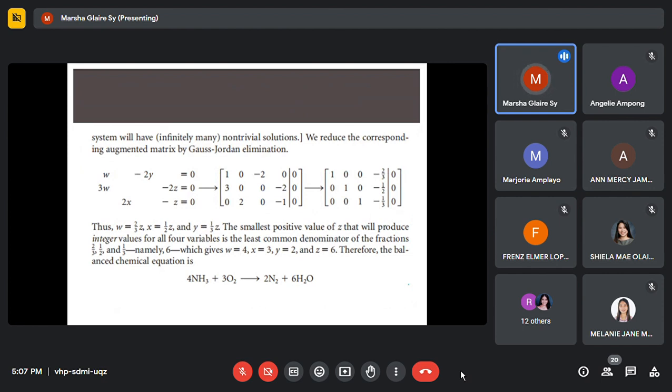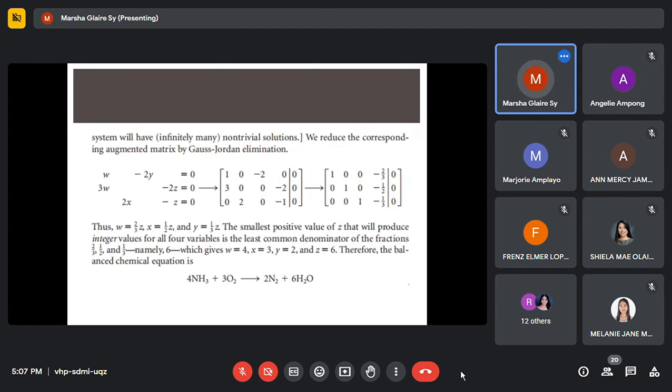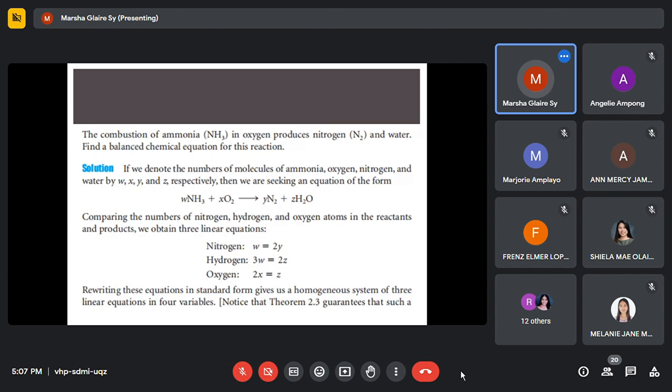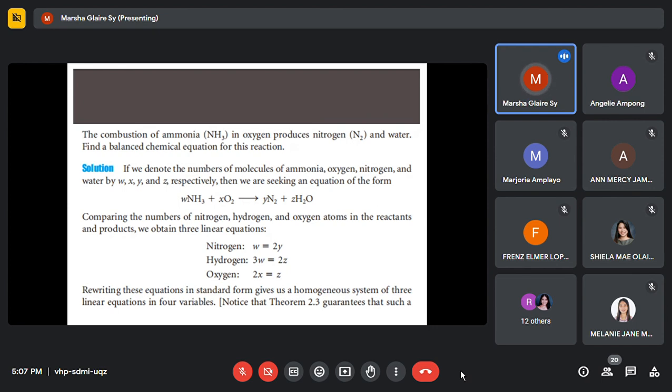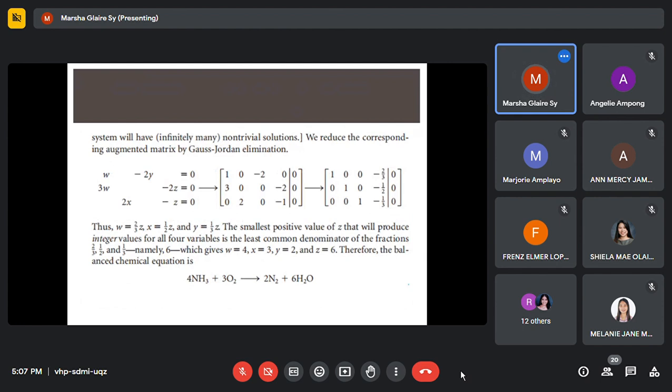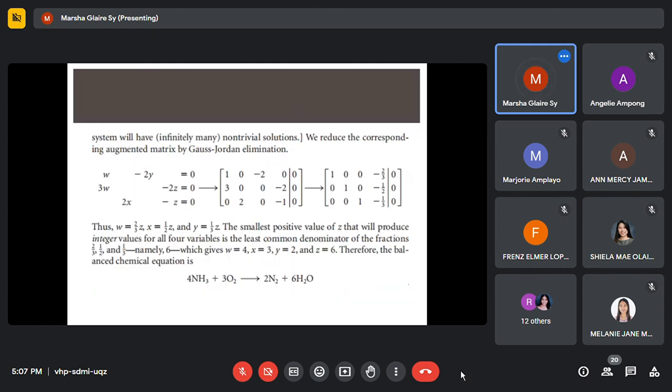So the next part is X. There's no nitrogen, so we are going to write a 0. Hydrogen is 0 in terms of X. And we have here the oxygen, which is 2, so we are going to write 2. The next one is our Y. The nitrogen is 2, right?